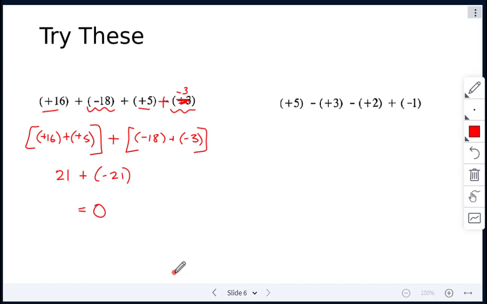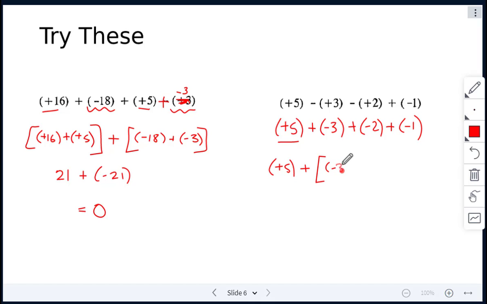All right, so here this is going to stay as positive 5. This is going to become addition. This will become negative 3. Addition. This will become negative 2. And then this is already addition, so we keep that like so. Next, collect your positive integers. That's just positive 5. And then we're going to collect our negative integers.